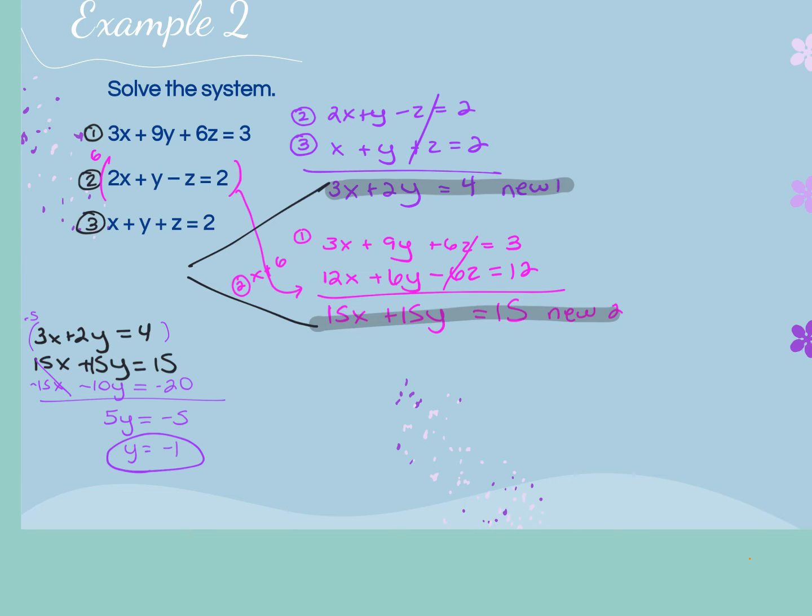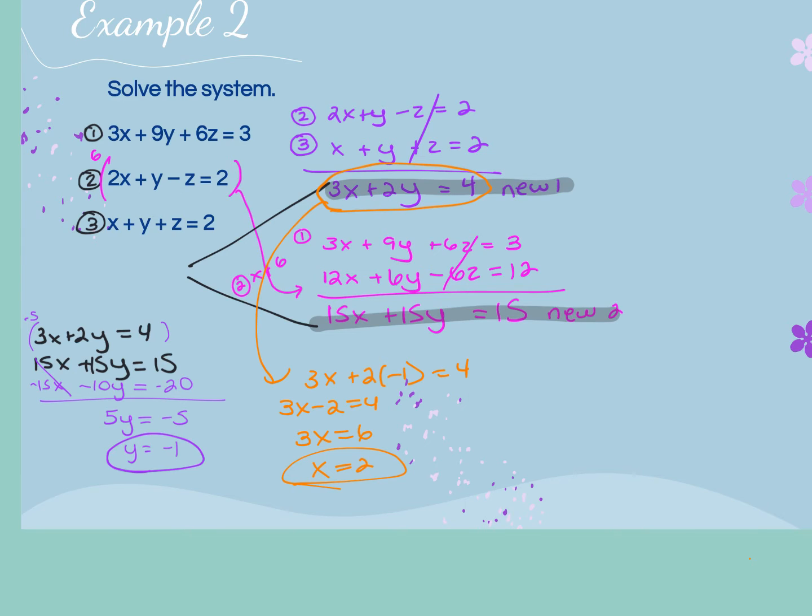I think it's obvious that it's easier to plug it into here because these are just smaller numbers, but it doesn't matter which one. 3x plus 2 times negative 1 equals 4. 3x minus 2 equals 4. 3x equals 6, and x equals 2. Now I've got my second variable solved for. And I have to take and plug those back into one of the originals to solve for the last variable.